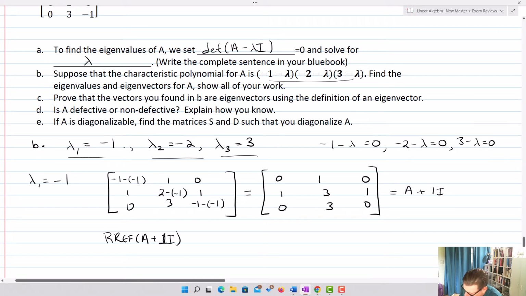When I do that, I get 1, 0, 1, 0, 1, 0, 0, 0, 0.